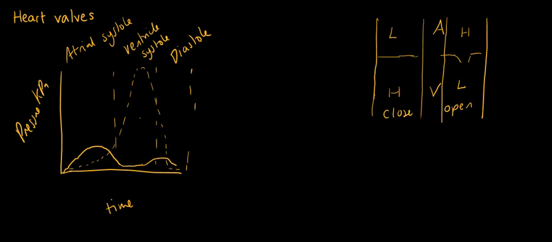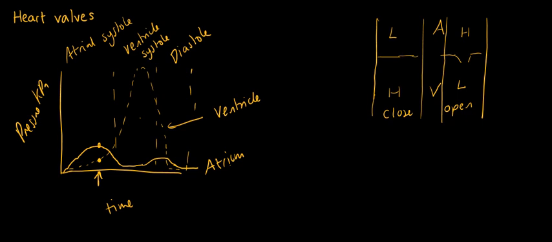So what we need to have a look at then is various locations on this graph. So let's say, for example, a point in time here. What I'm going to be doing is mapping out which chamber has a higher pressure. So in this scenario here, remember this line here is representing my atrium pressure, and this dotted line here is representing my ventricle pressure.